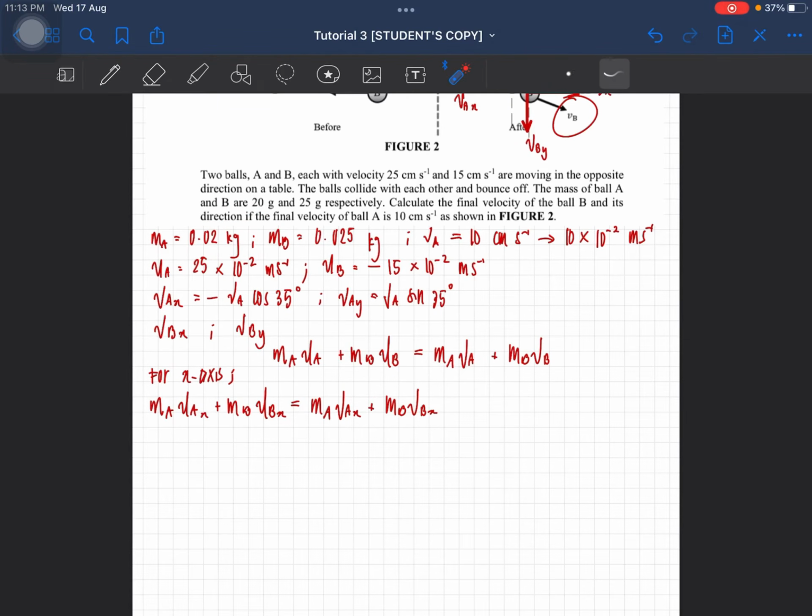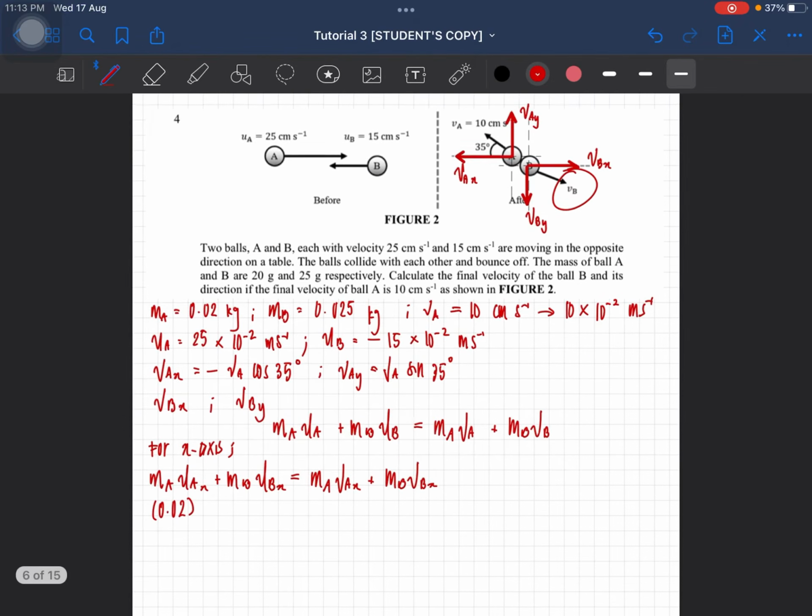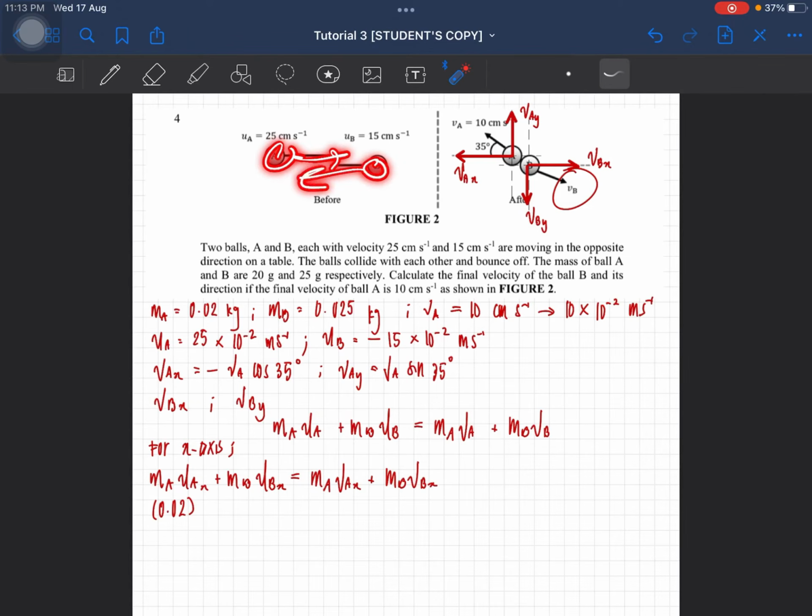Please refer here to the information you have extracted. UAX is, please remember that this is happening horizontally. So this is your x component, the initial velocity for the x component.